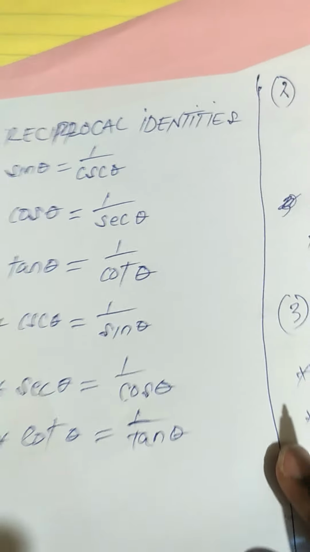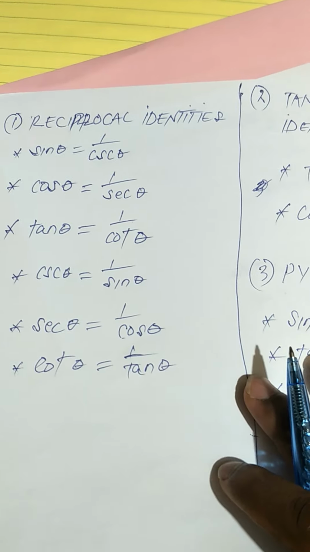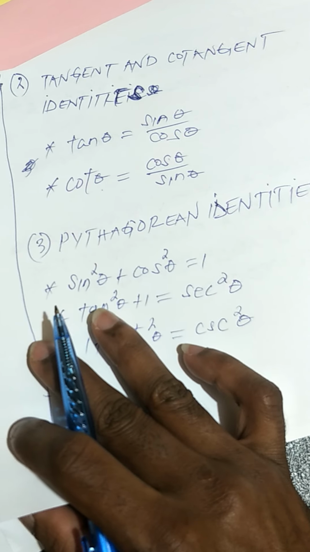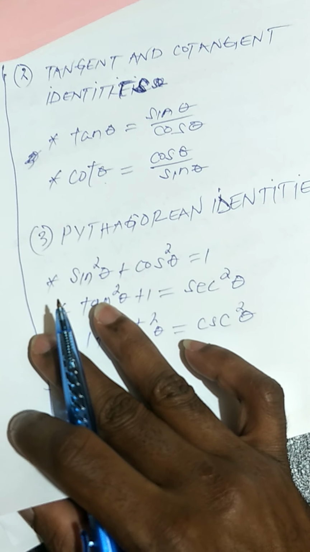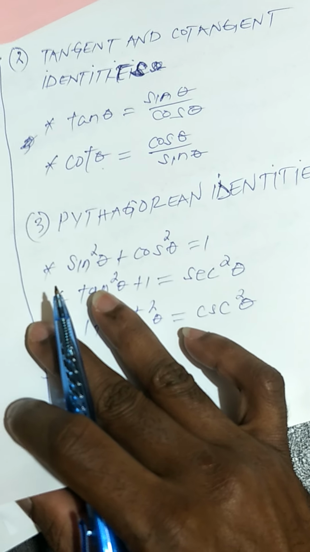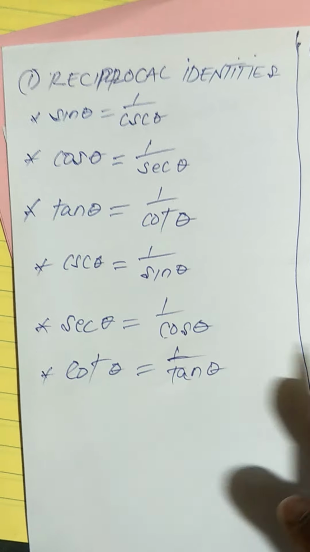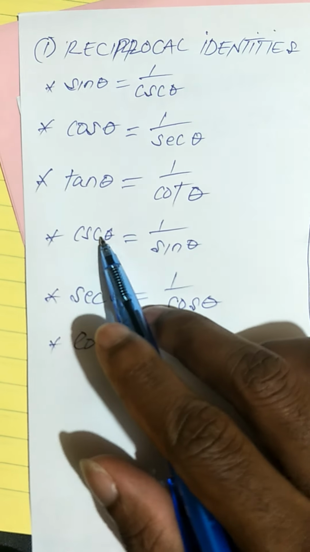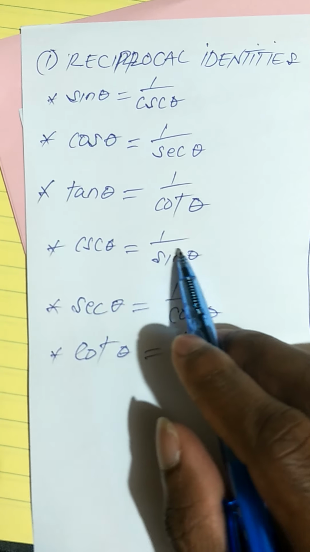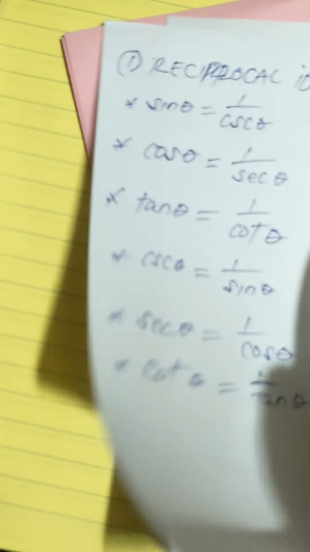Let's go back to our identities. Tangent, cotangent, none. Pythagorean, none. So I choose reciprocal. Cosecant theta is equals to 1 over sine theta. So I choose this one to solve.